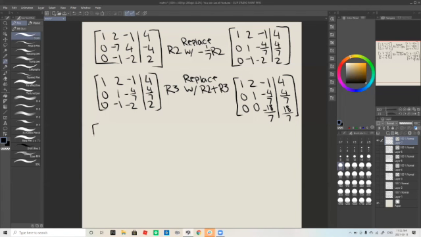That is not a problem at all because we can simply turn it into a 1 by multiplication.